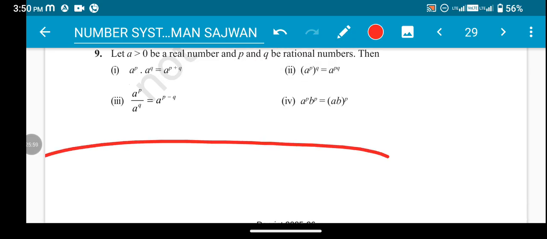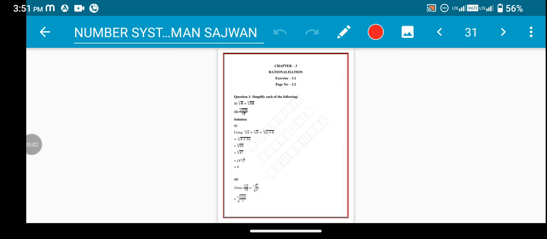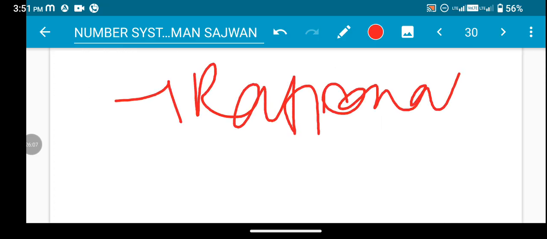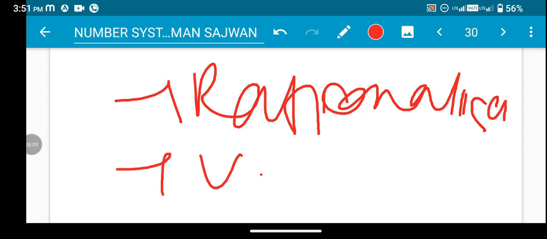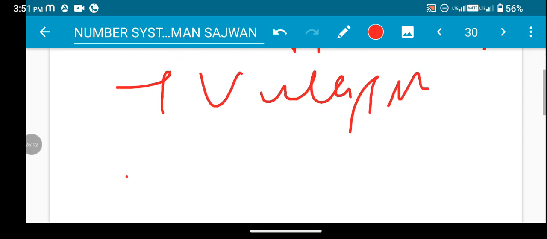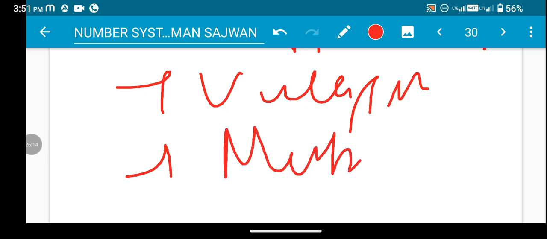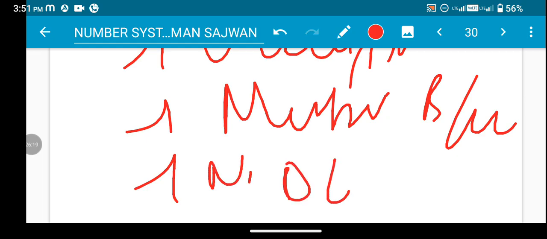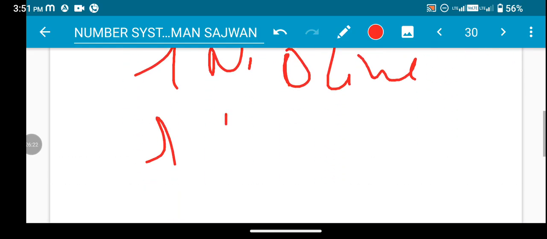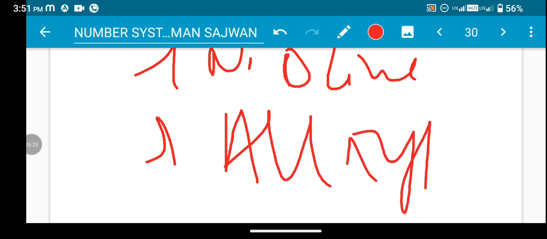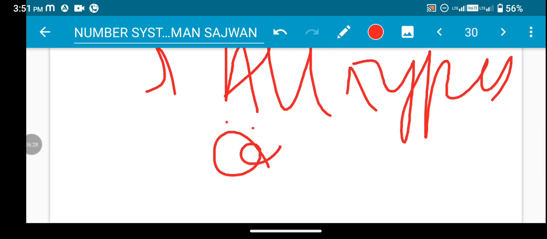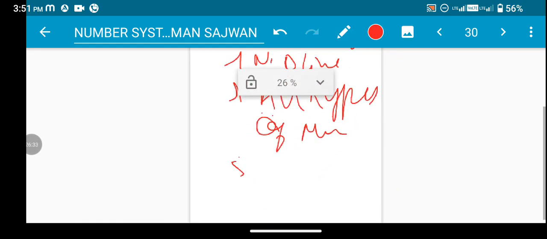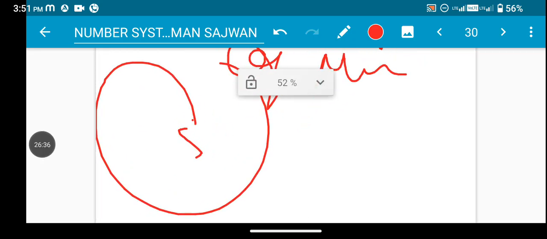In the next class, what will we discuss? We have discussed rationalization, vulgar form, number between, number line, all types of numbers, and after that the number line.